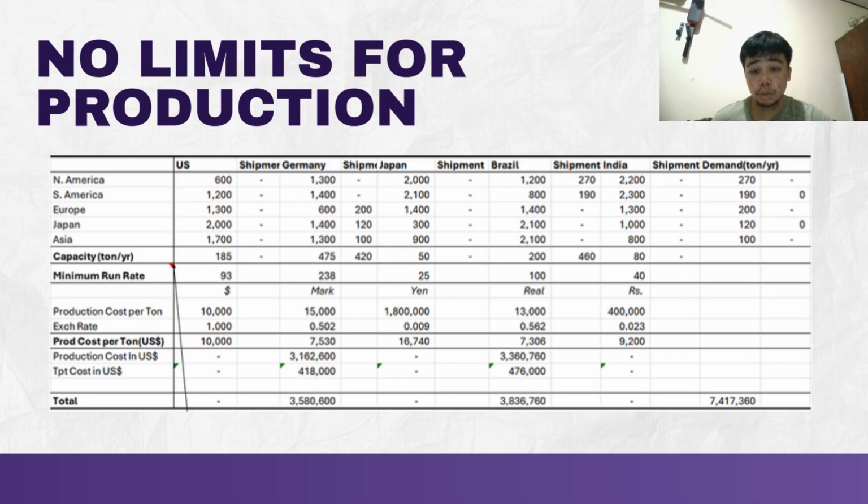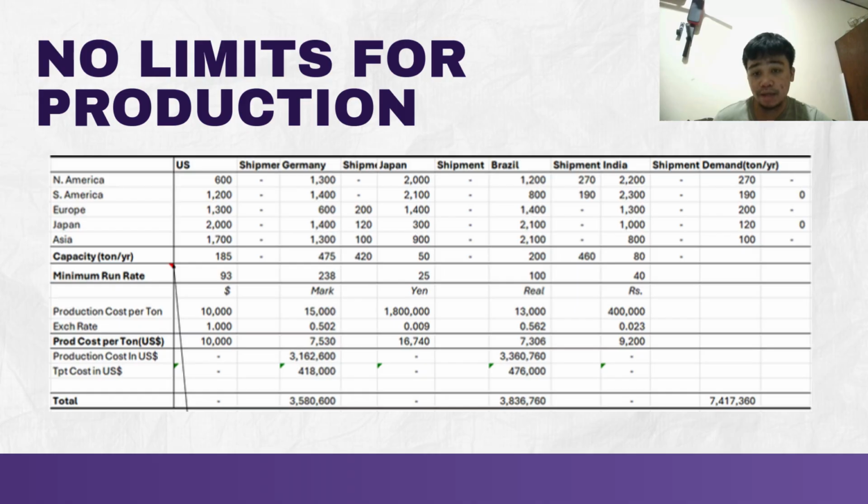So let's do a bit of a breakdown on why Germany and Brazil are the chosen plants to still operate. It is because they have the lowest production cost among the five, and they have competitive shipping costs.